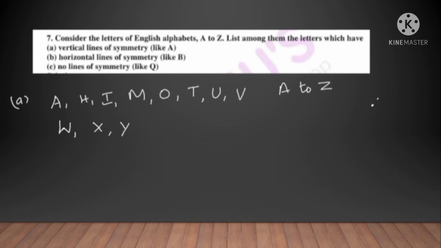That is, if I just consider the letter A, so vertical line of symmetry, if we fold it we get equal halves. Similarly, if you consider H, we can obtain a vertical line of symmetry. If we fold it, it will be equal. Next I. If I consider I, a vertical line of symmetry will be there. And for M, vertical line of symmetry.